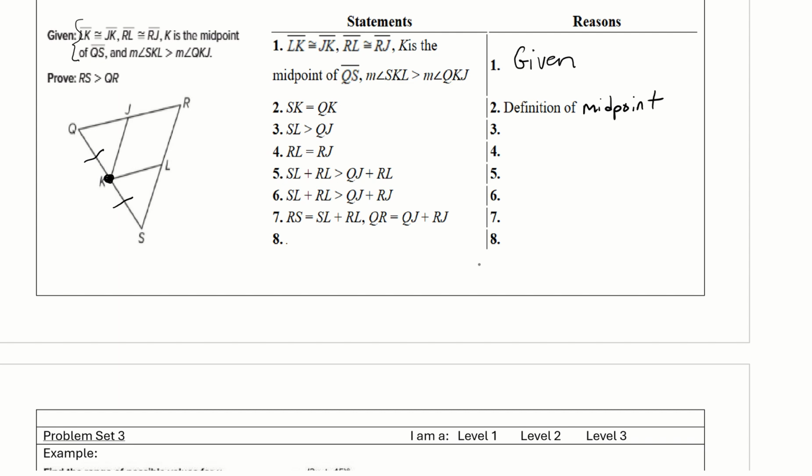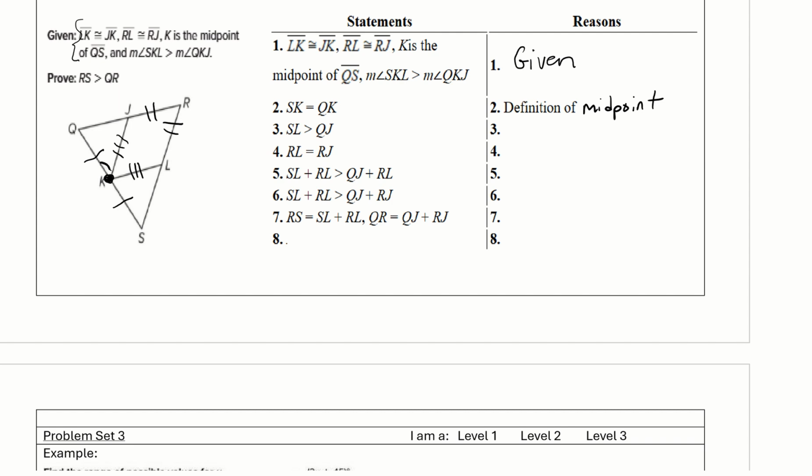They also tell us that RL is congruent to RJ. That's a given. And they say that LK is congruent to JK. And they also said that SKL is bigger than KQJ.